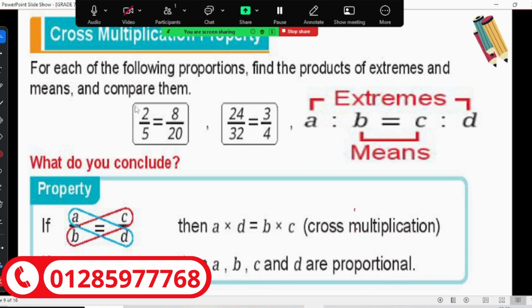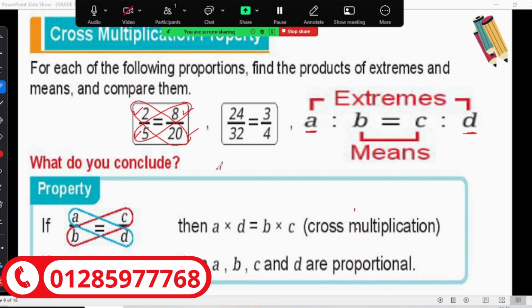The extremes are the first and fourth terms in the proportion. So we have here four terms in a proportion. The first term and fourth term are extremes. The second term and third term are means.